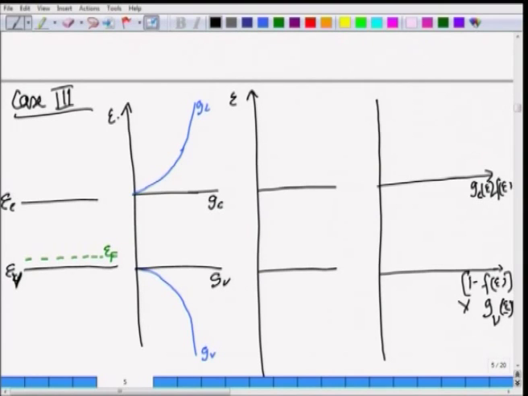And now the Fermi energy of course is right here, sorry, not here but below, the Fermi energy is right here.